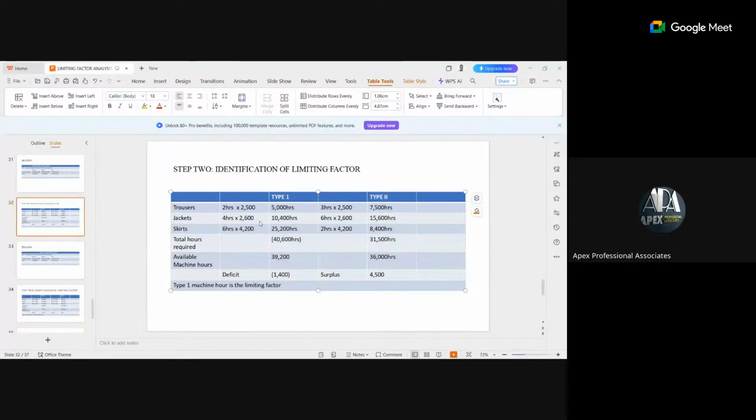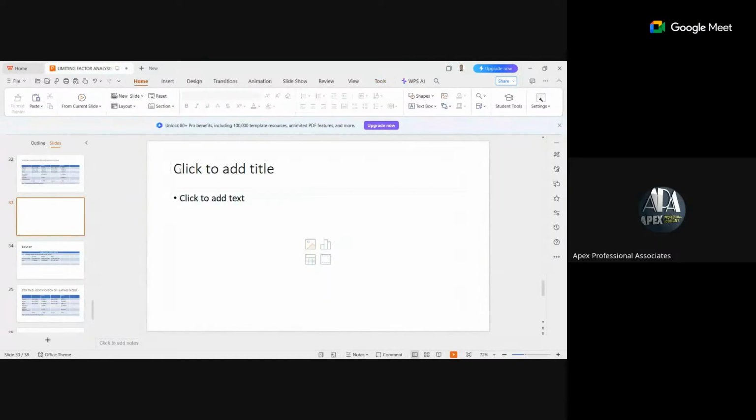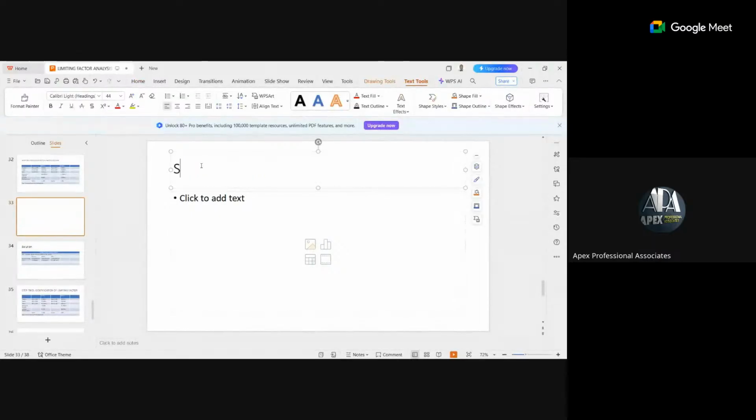That's fine. So the next thing we have to do is what? We calculate the contribution per unit for each product. And how do you do that? Step 3 now.